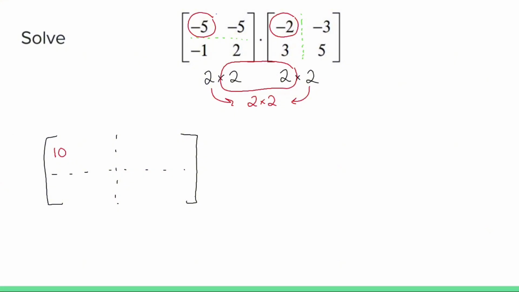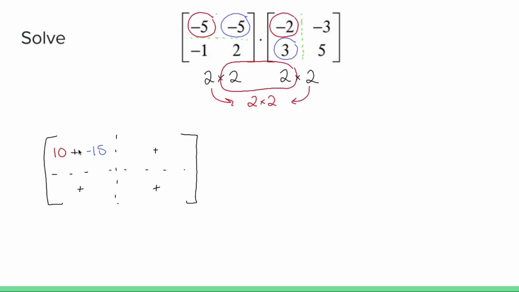Then we do it with the second element of this row and the second element of this column. Negative 5 times regular 3 is negative 15. And we take those numbers and add them up. If you want to put plus signs right here to get that out of your way, be my guest.